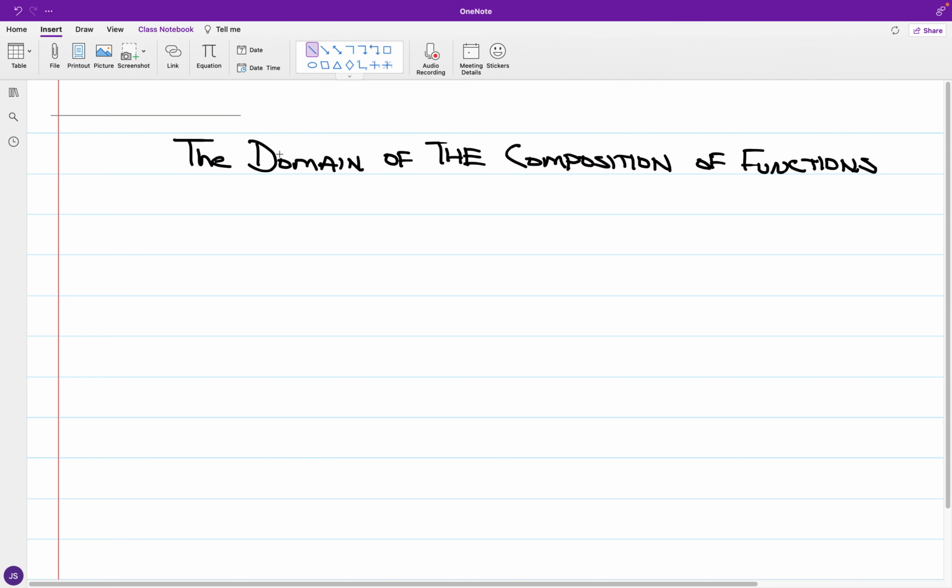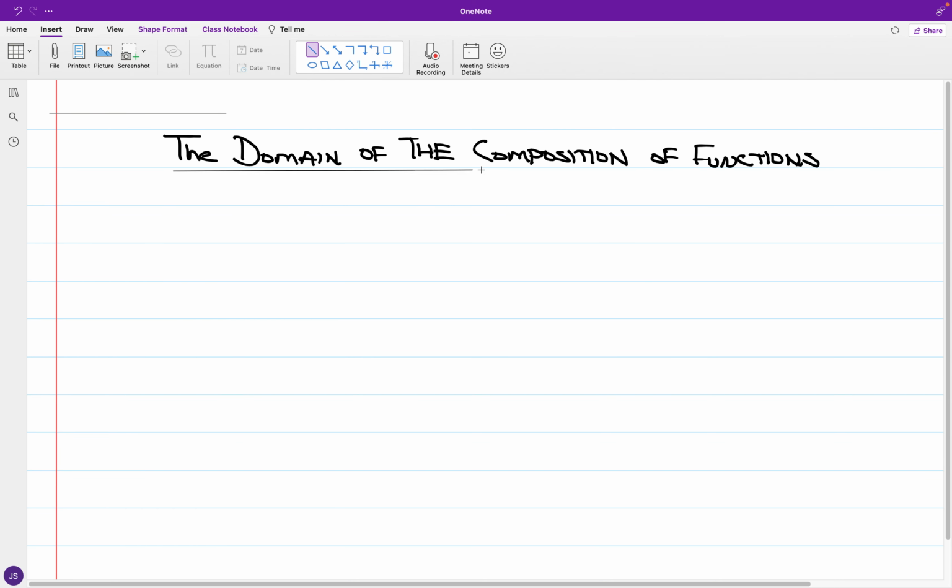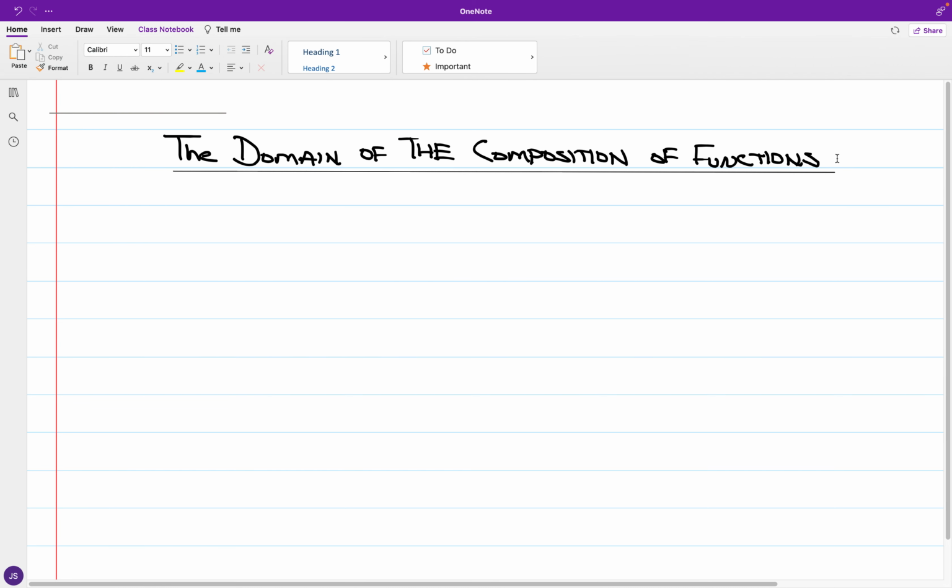And we'll do a little compare and contrast, how we arrive at the domain for the compositions, and how that approach compares with what we have for the domains of the earlier operations with the sum, difference, product, and quotient functions.